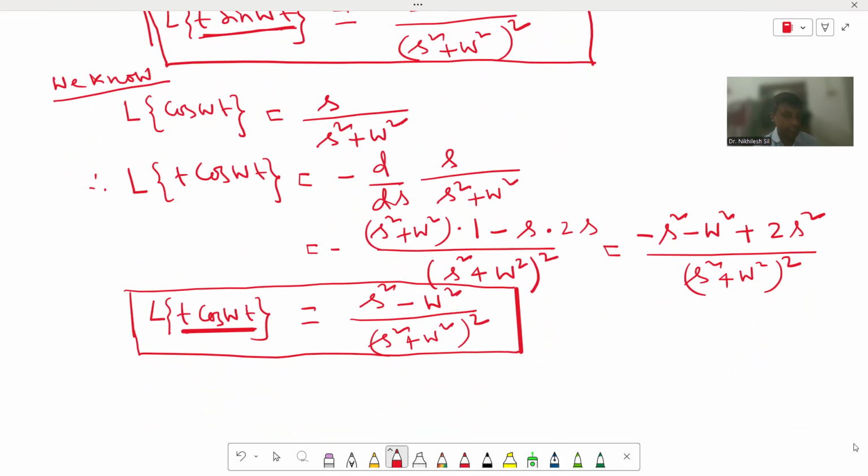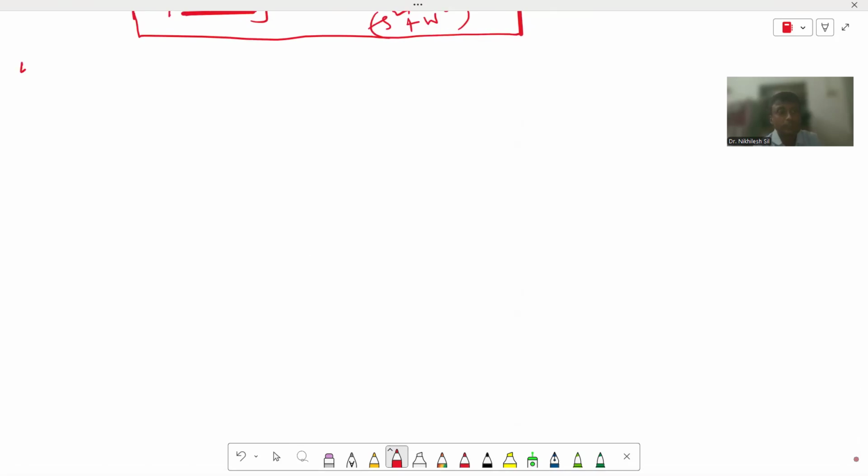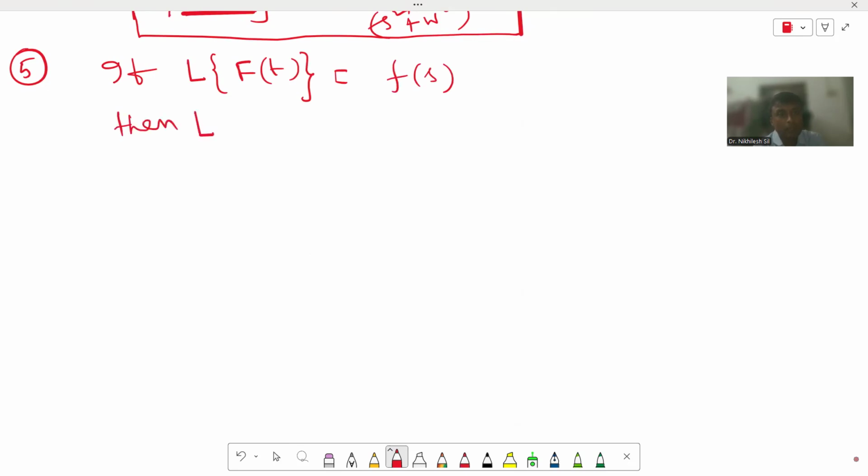If the function is divided by t, what will be the Laplace? Next, number 5. If L of f(t) is equal to F(s), then L of f(t) divided by t is equal to the integration from s to infinity of F(s) ds.